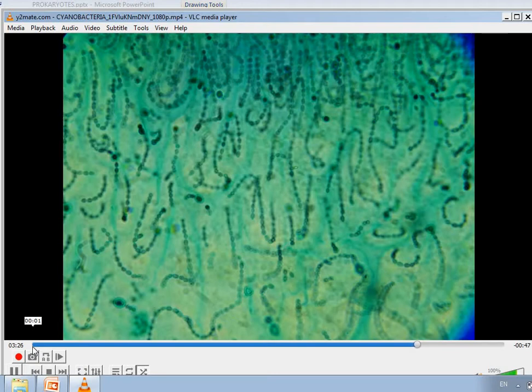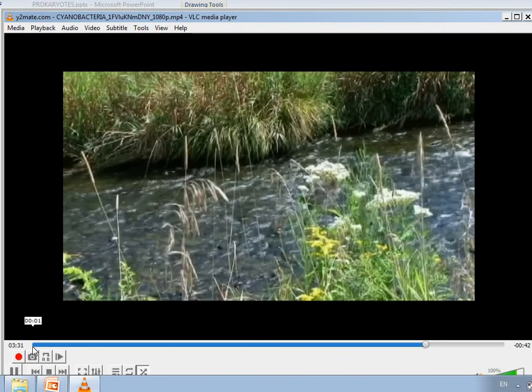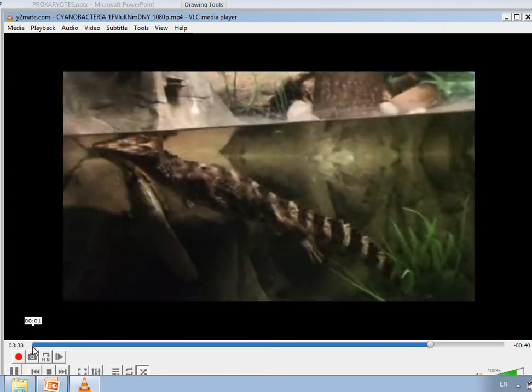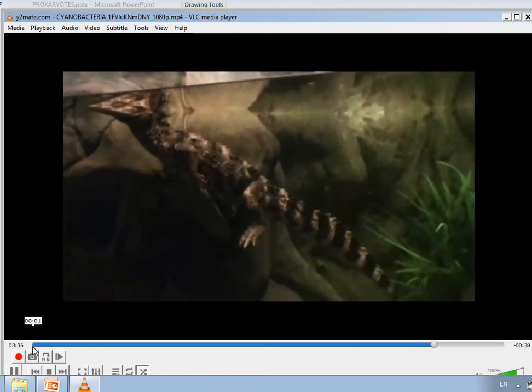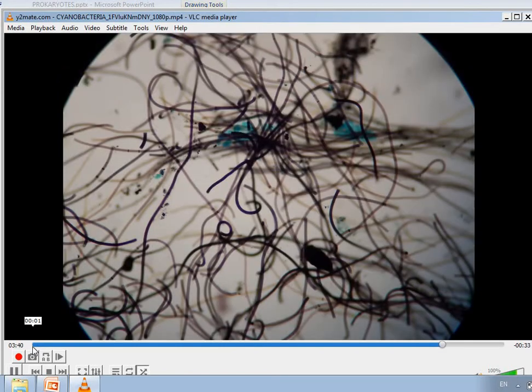Cyanobacteria can be found in almost every environment: freshwater environments, marine environments, and terrestrial environments. And while many are unicellular, they can be colonial and occur in sheets and chains.